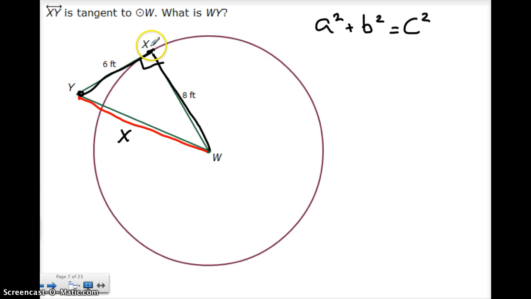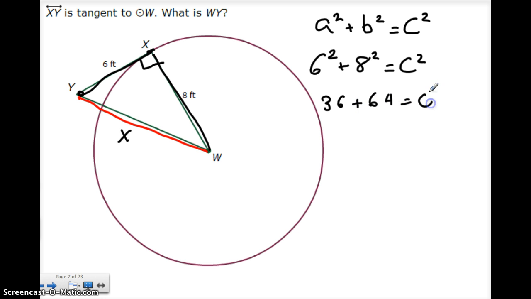So since one side of my leg is 6, so we know 6 squared, and my second side is 8, plus 8 squared is going to be equal to my third side, which is c squared. Well, now let's just square these numbers. So 36 plus 64 equals c squared. 36 plus 64 is 100, which is equal to c squared, and we're not done.